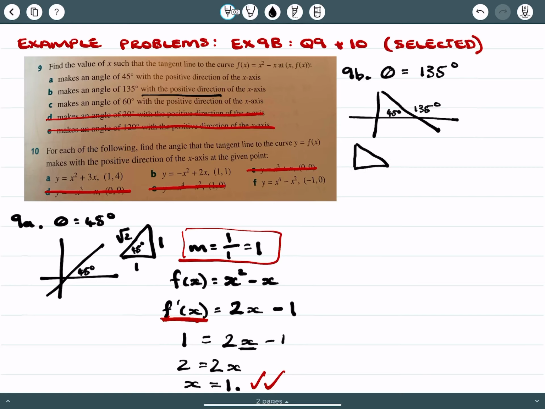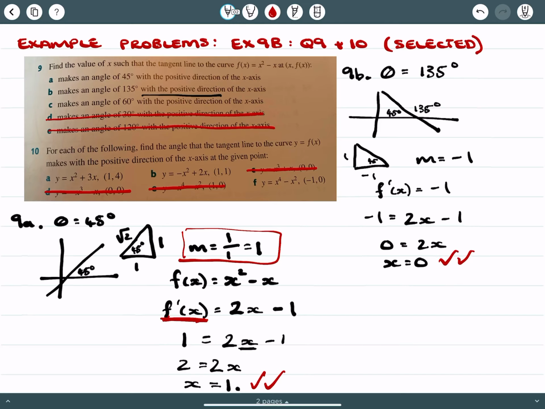If I draw my triangle with the 45 degrees, it looks like that, and that means m equals negative 1. Now if f dash x equals negative 1, what I get is negative 1 equals 2x minus 1, 0 equals 2x, x equals 0. And there's my answer for 9b, which is great.